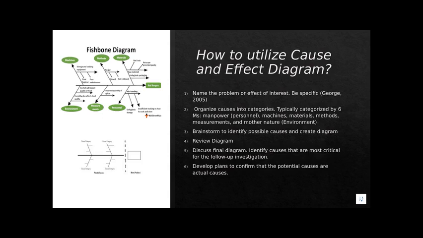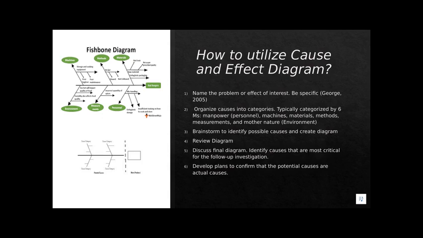If you were using a lot of technology, you might change machines to internet network, or methods to practices, or use other terminology to fit your specific project. But you would organize those causes into different categories. That would be the second step.